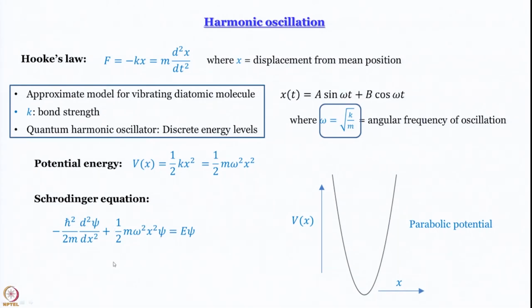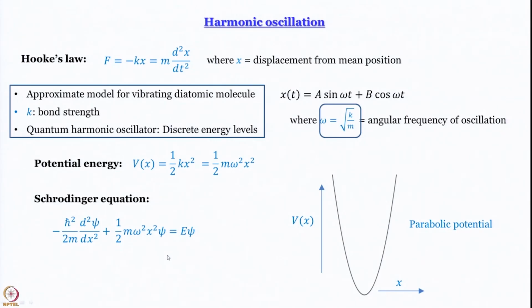The potential energy term becomes half m omega square x square psi equal to E psi. As we have said earlier, the beauty of the Schrodinger treatment of quantum mechanics is that you start with classical quantities, and then when you try to interpret the wave functions, the unique features of the quantum world manifest themselves automatically. That is what will happen here as well.